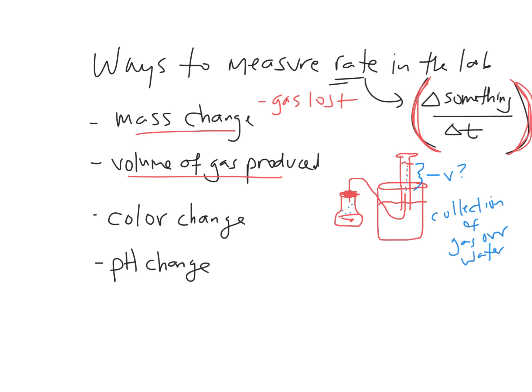You may also have some reactions that show a color change. They might become cloudy, or they may produce some colored product, or they may consume some colored reagent, so they become more or less colorless. And you might say, well, how do we measure that?